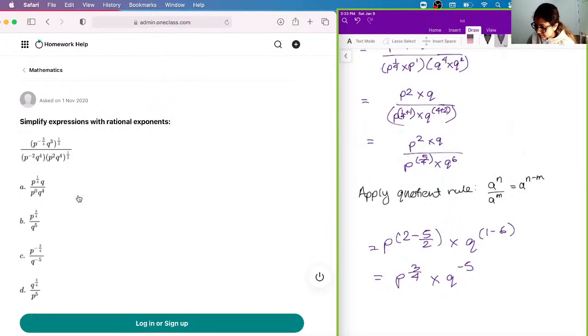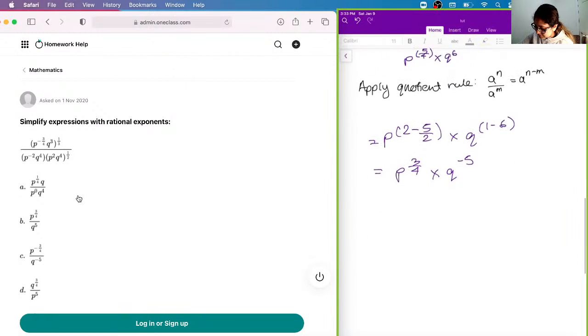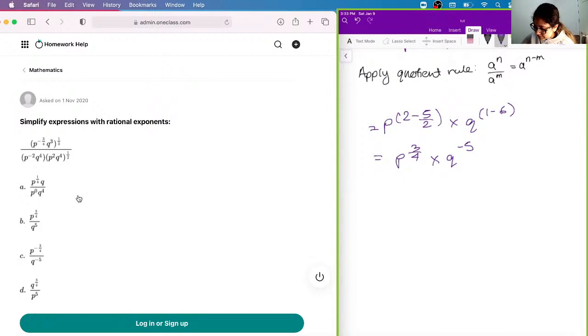You can see we have a negative exponent, so we're going to use the negative exponent rule, and we get p to the 3 over 4, and the negative goes to the denominator, so that's q to the power 5. And so basically this is our answer.